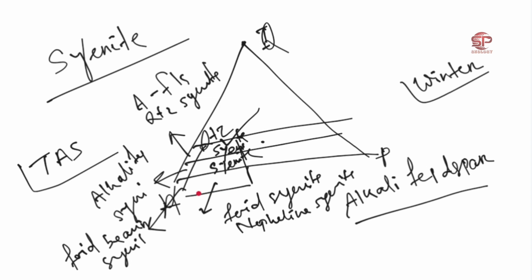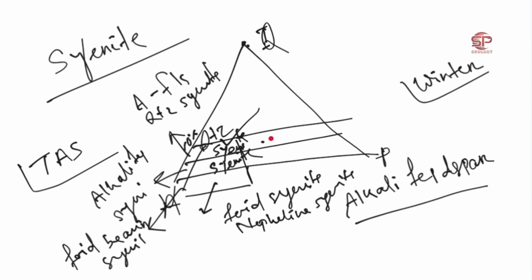If this is quartz, and this line is 10%, I am considering this as 10%. You just check the book whether this is 10% or 20%. So you can write that if the quartz percentage in syenite rock is 5 to 10%, then it will be called quartz syenite.